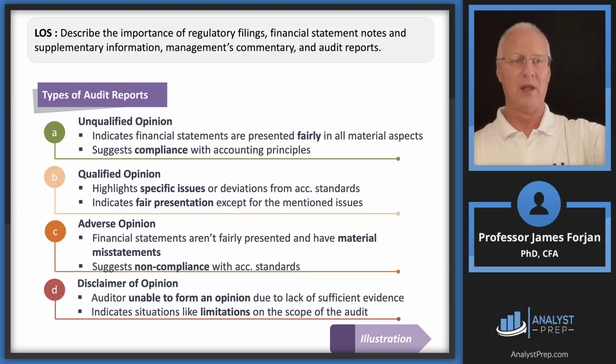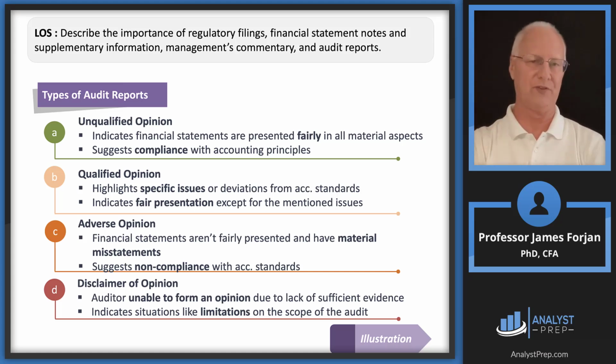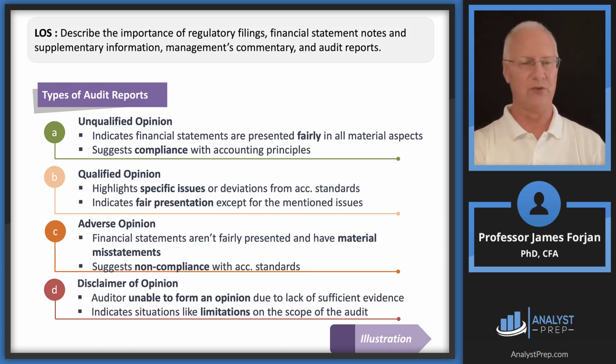In the first one, the auditors are saying, hey, we love this company. In the third one, C, they're saying, we don't like this company. And B is somewhere in between, but B is way closer to A than it is to C. And now when I say we don't like, I'm not talking about personality issues. I'm talking about how those financial statements have been presented to the auditing firm.